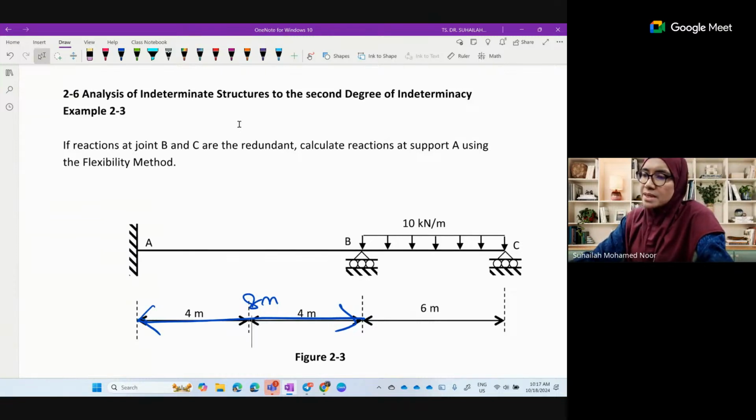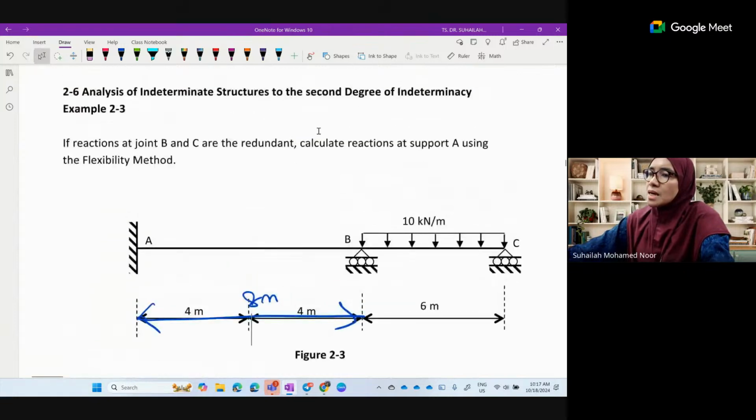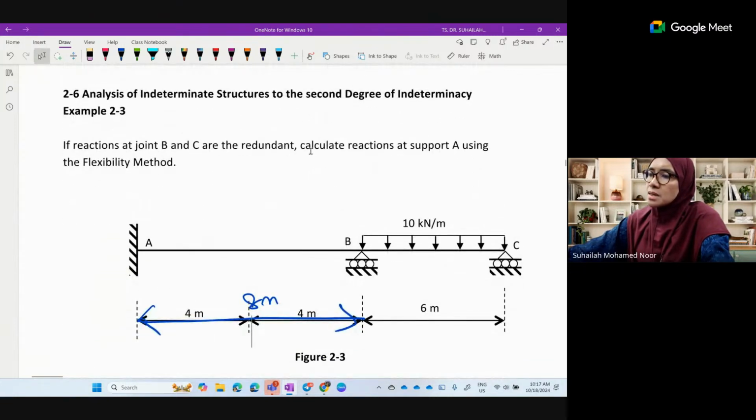The flexibility method is used to analyze indeterminate structures. We have to identify the redundant, because without redundant values we cannot solve all. There are 5 unknown reactions: 3 at the fixed support and 2 from the 2 rollers.